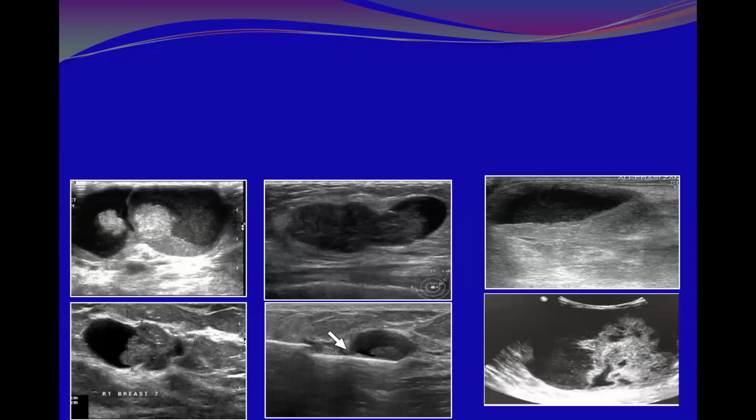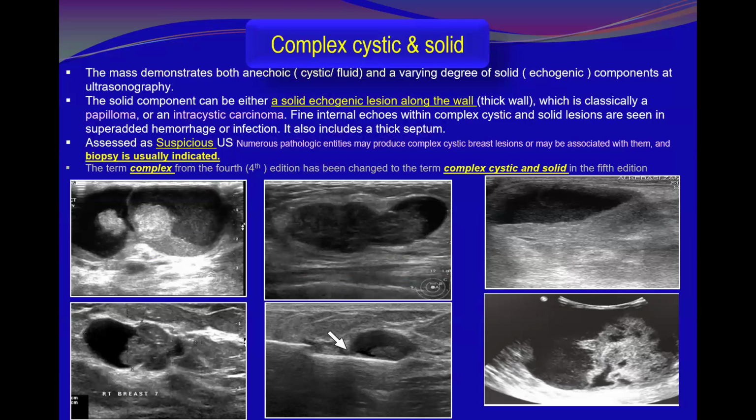Here we can see different examples of complex cystic and solid masses. In the 4th edition, the descriptor was a complex mass.